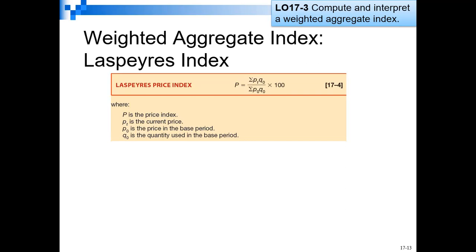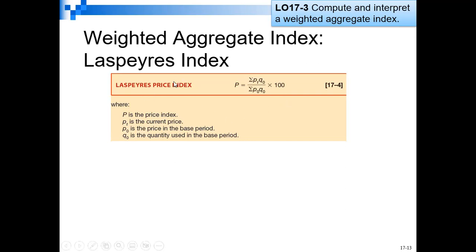So now you ask yourself, in order to live this year, compared to how you lived last year, consuming this combination of quantities, or even a different combination of quantities, what would it cost you?